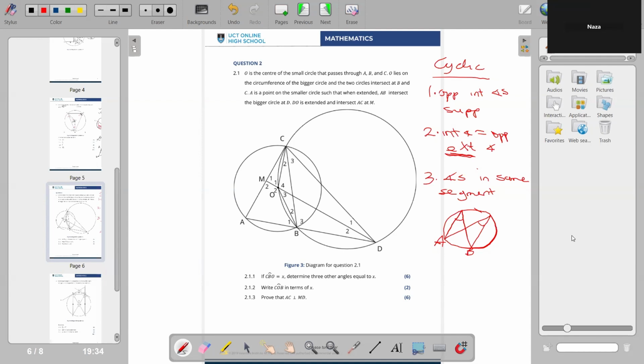A is a point on the small circle such that when extended, AB intersects the big circle at D. DO is extended and intersects AC at M.